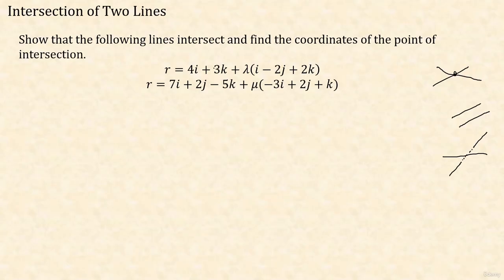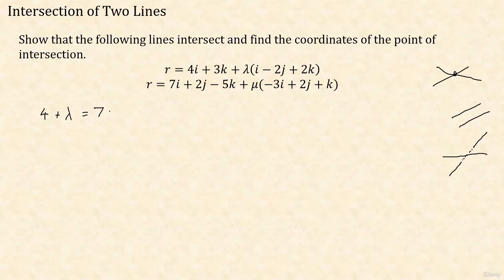But now let's try to, it says show the following lines intersect and find the coordinates of the point of intersection. So here's how we do it. You first focus on the x coordinate or the i coordinate, which for the first line is 4 plus lambda, because it's 4i and then lambda i. And that's got to be equal to the i coordinate of the second line.